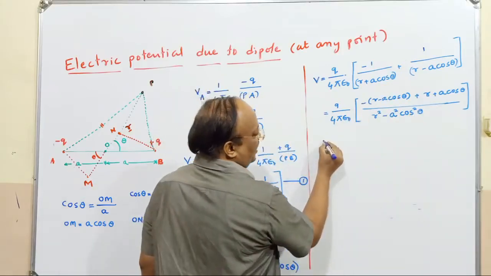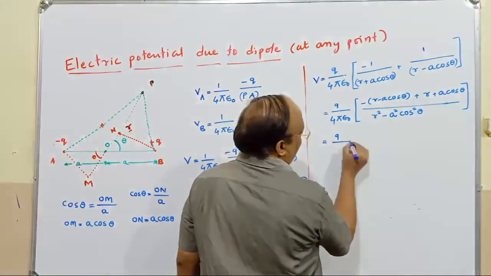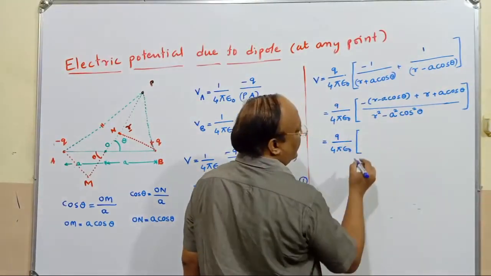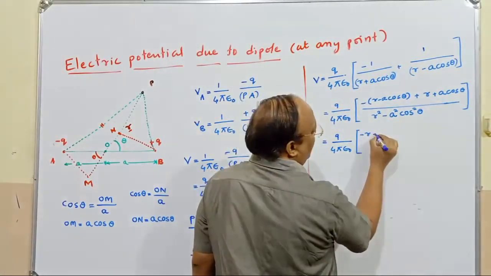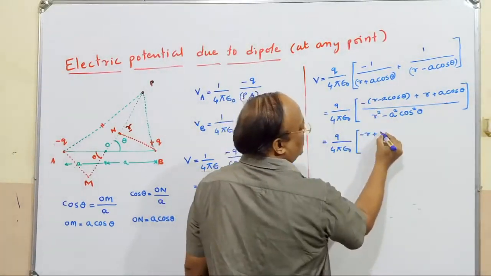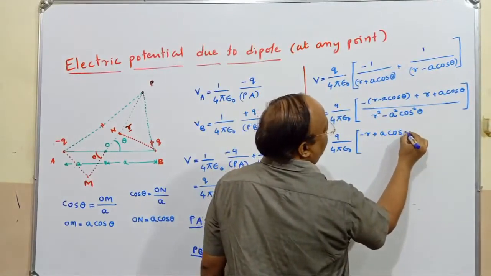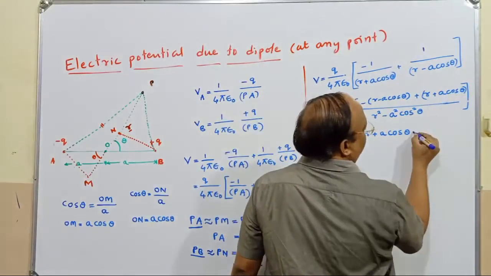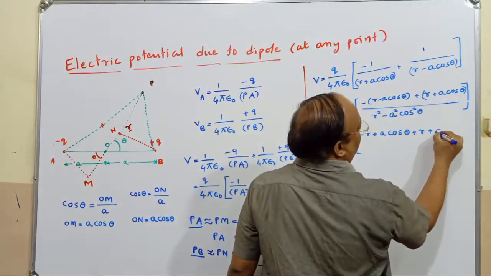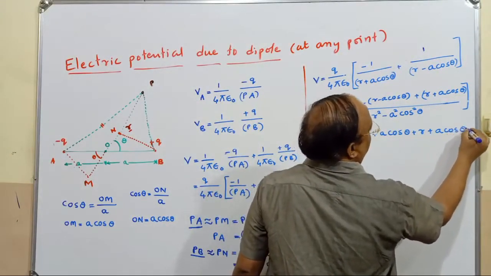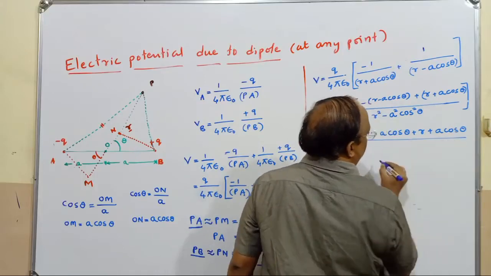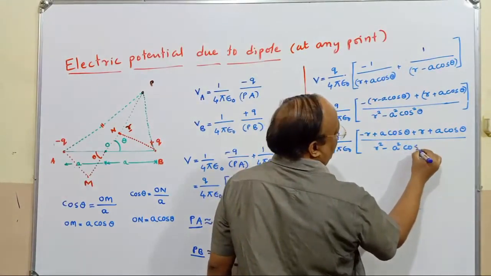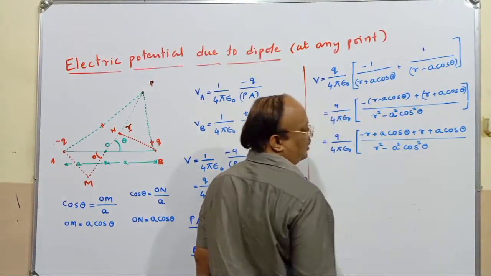So this will be Q by 4 pi epsilon naught, minus R plus A cos theta plus R plus A cos theta, whole divided by R square minus A square cos square theta.